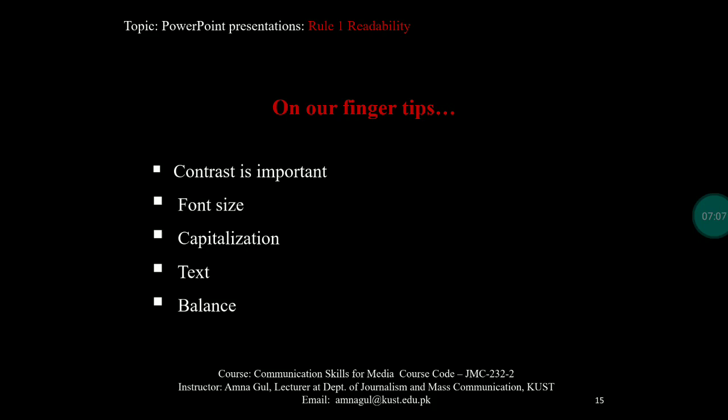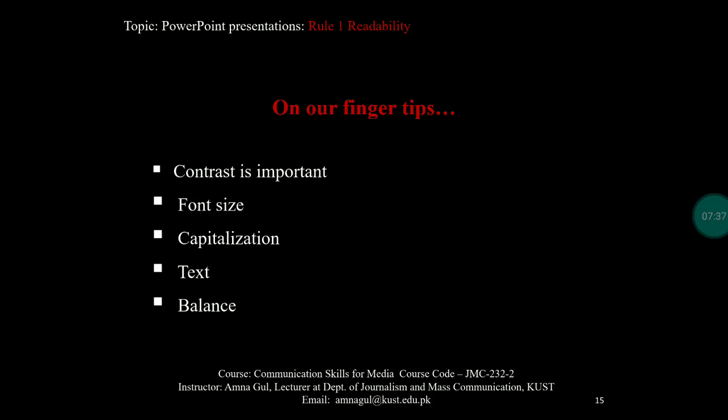If the room in which the presentation has to be projected is dark, dimly lit, then the text has to be light. The second point, font size. There are certain specifications of font sizes. The highest font size that you can use is 36 and the minimum font size that you can use is 14. And then there is the categorization that for each case, what are the ideal ranges.